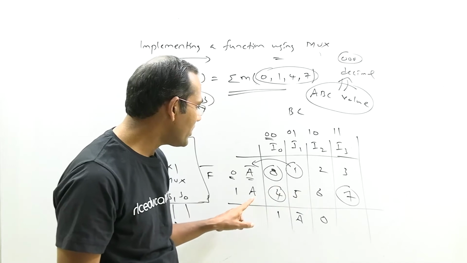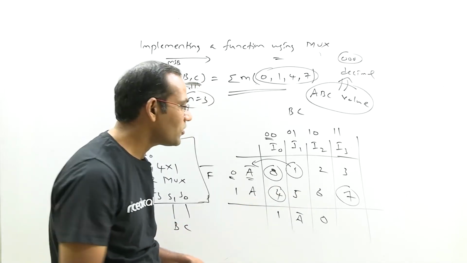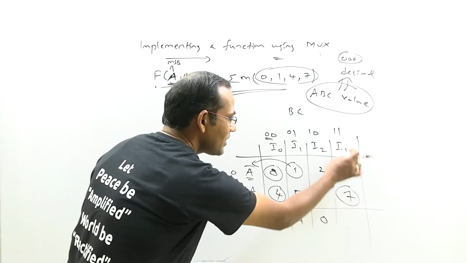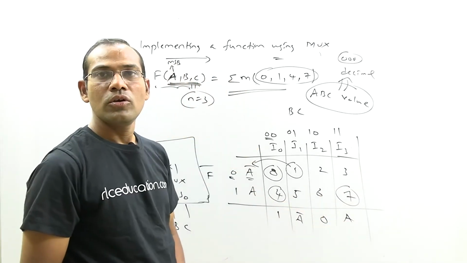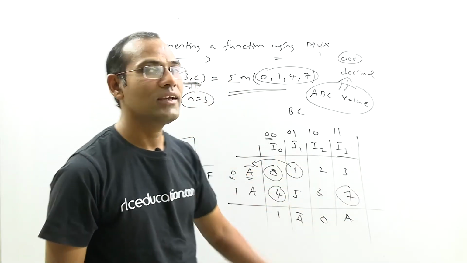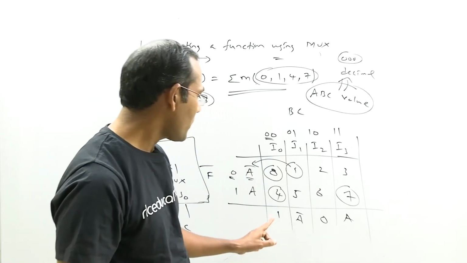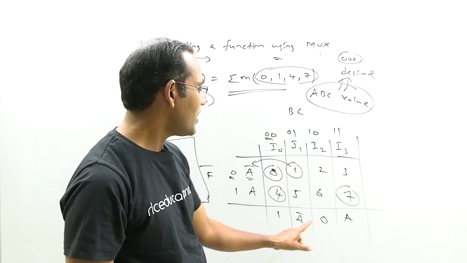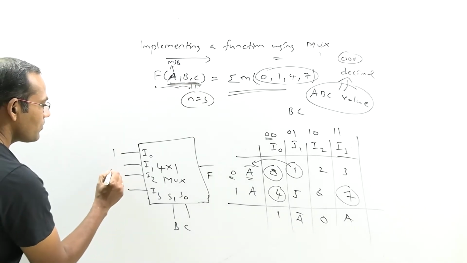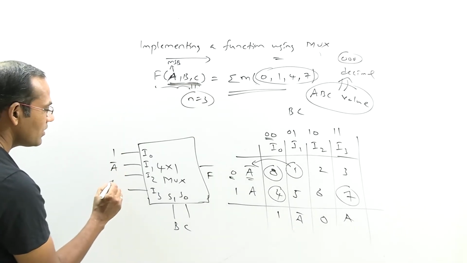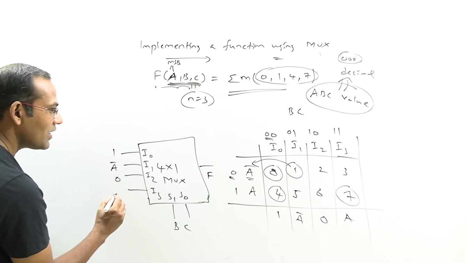The corresponding row variable is A, because 7 is circled. So like this, we have to identify the input expressions. So the connections are: I0 is 1, I1 is A bar, I2 is 0, I3 is A.